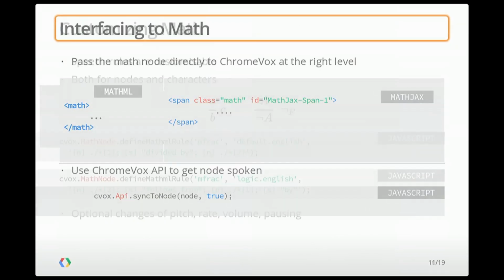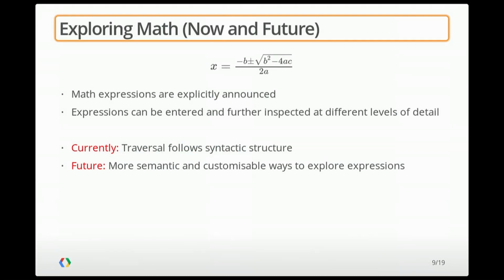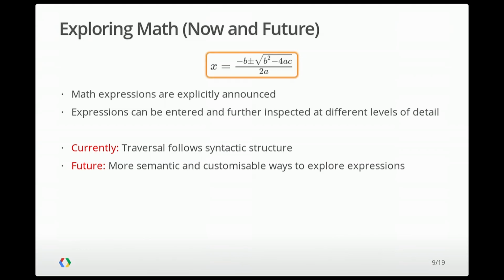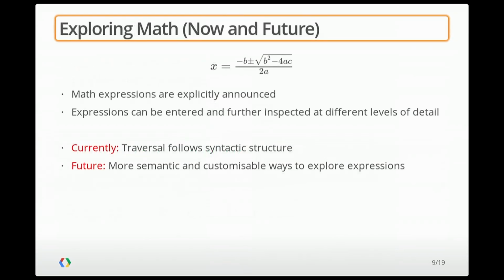Now we're stuck. Let me try this one more time. I hope this time it's going to work. We enter the expression. X equals minus b plus minus square root of b squared minus 4ac divided by 2a.